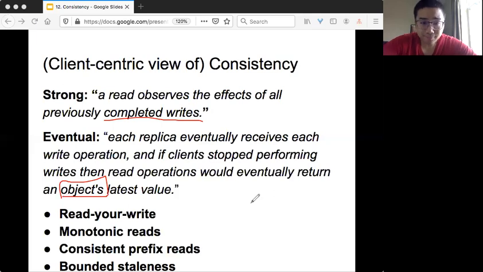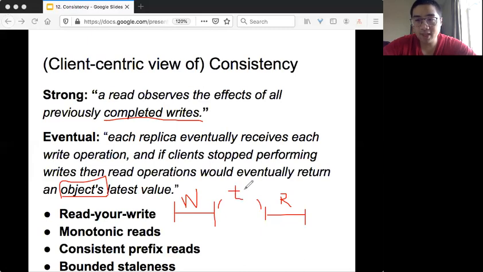Suppose I have a write operation, and then I have another read operation. Bounded staleness means that I have a threshold. If this t is longer than the threshold, then this read must always return this write's value.